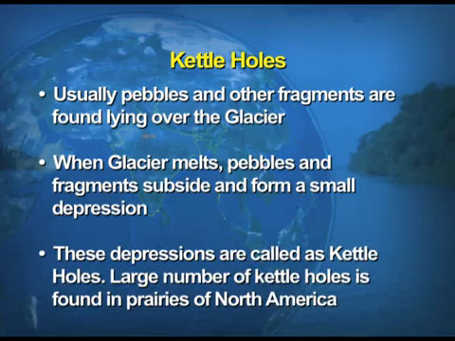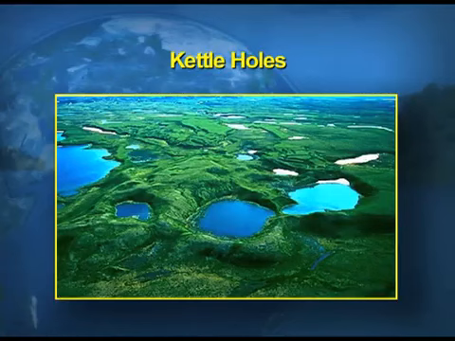These depressions are called kettle holes, and a large number of kettle holes are found in the prairies of North America. The term prairies means the temperate grasslands of North America. On your screens you can have a visual of the kettle holes, which again are depression areas.